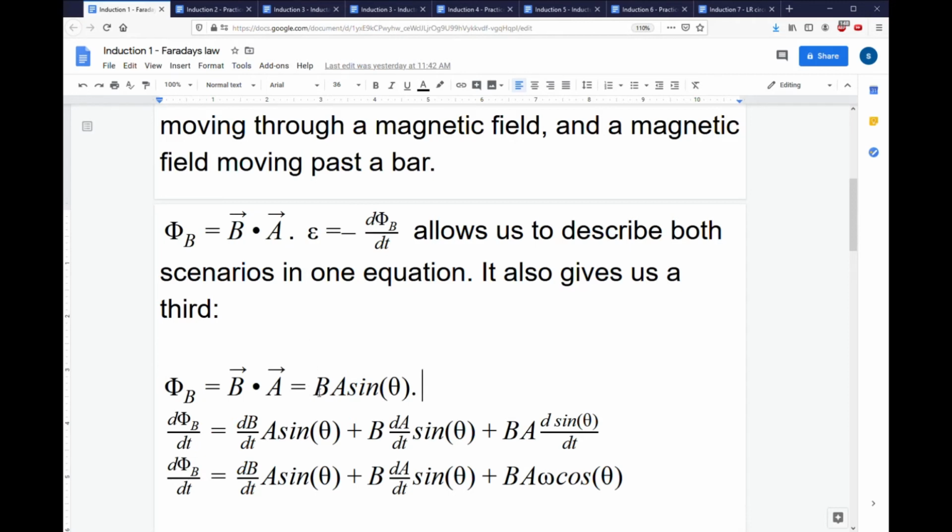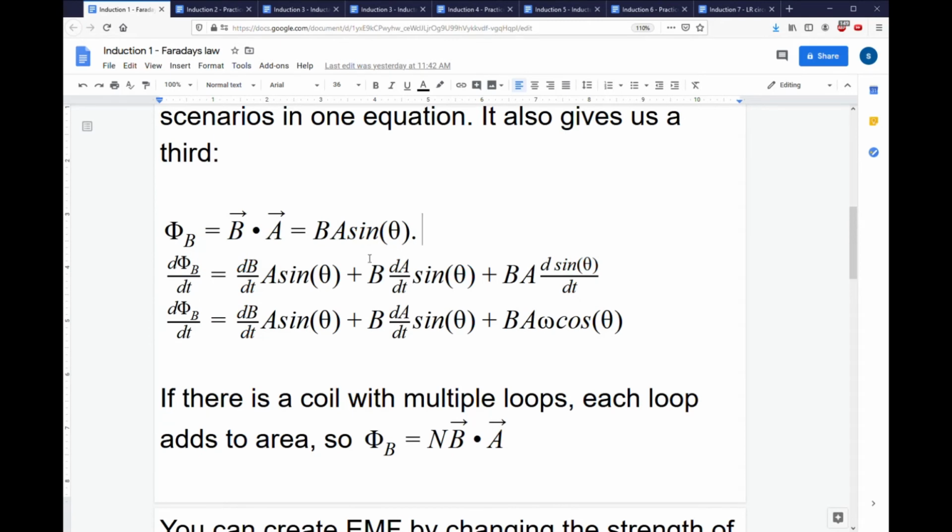Since this flux is the product of three terms, we can go ahead and break out our product rule, remember that, and say that the derivative of flux is equal to the derivative of the first times the second two, plus the derivative of the second times the first and last, plus the first and second one times the derivative of the last.